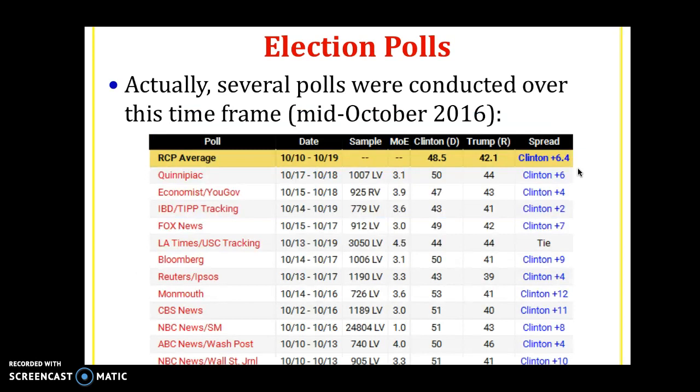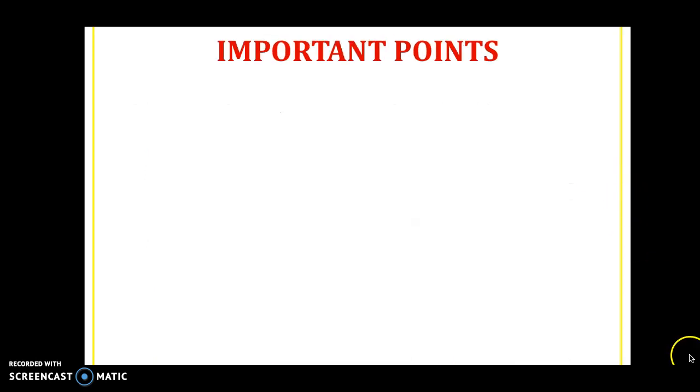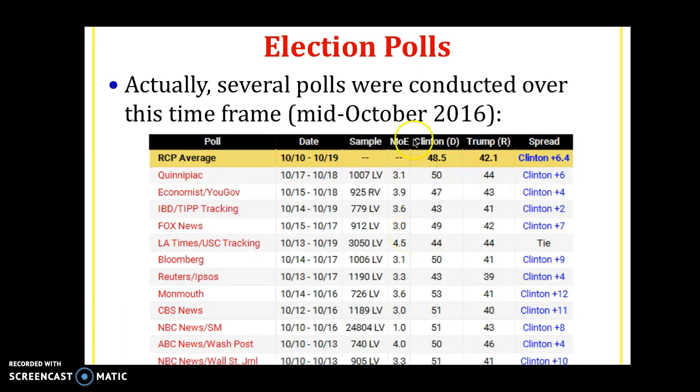So here we have some more results on mid-October election polling. If we look at Clinton, again, her actual election percentage, her population parameter p, was 48.2. And look at this, this is an average of all these different samples, and that got pretty close to the actual value that Clinton received in the popular vote.